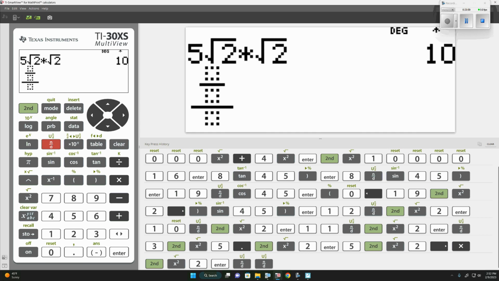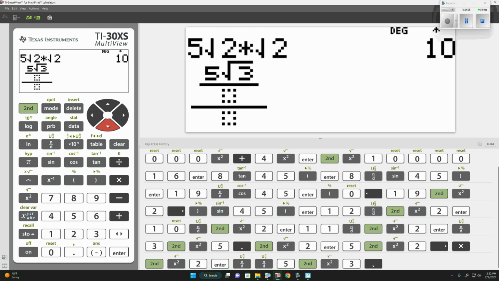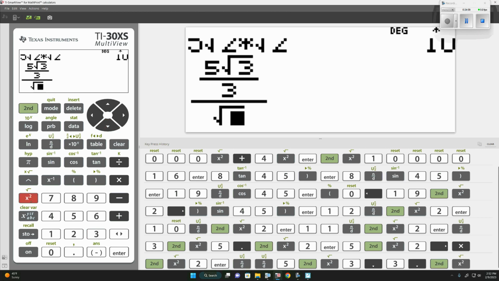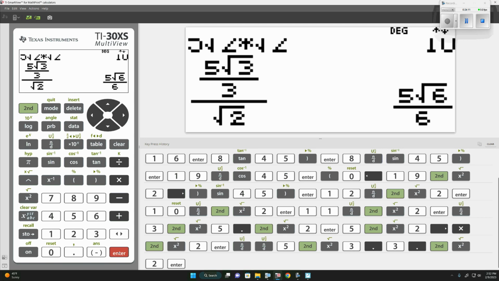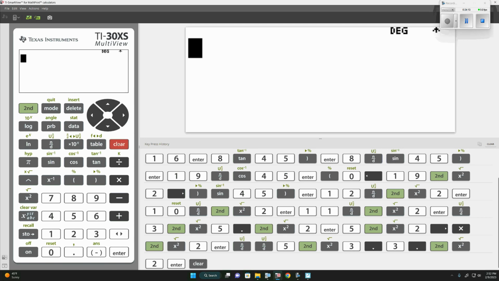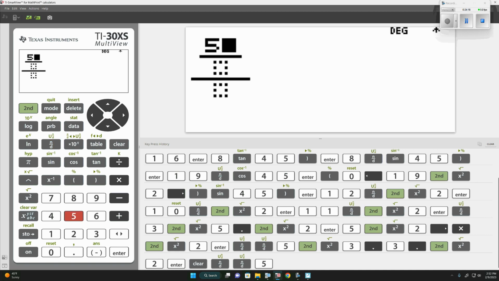So we have 5 square root of 3 over square root of 2. So in the top we have a fraction.